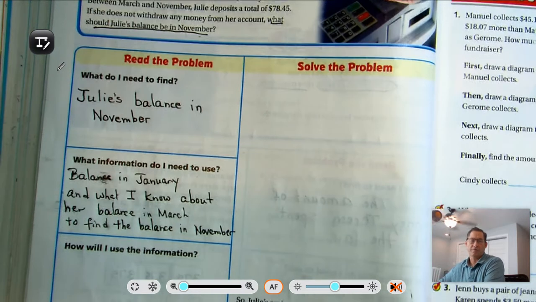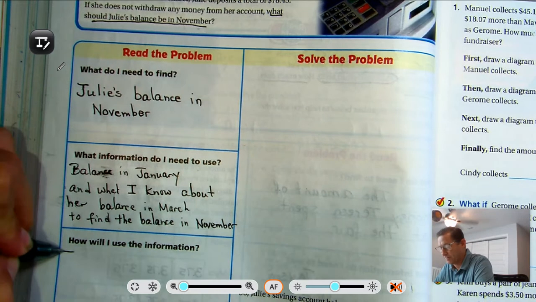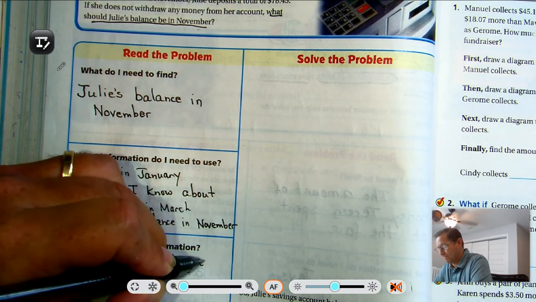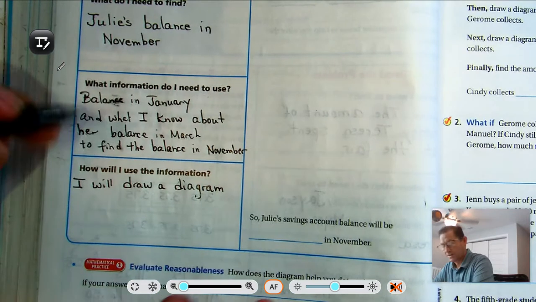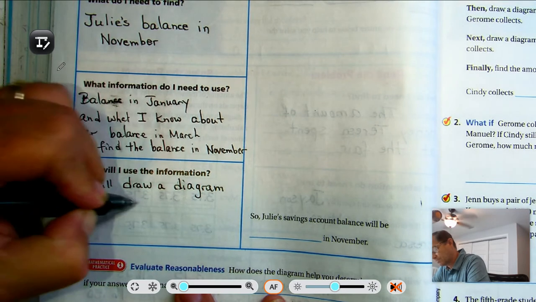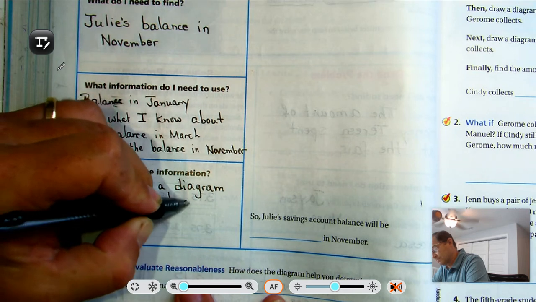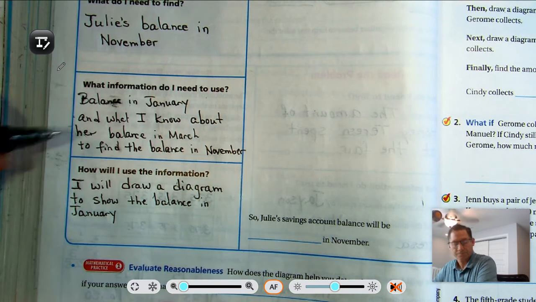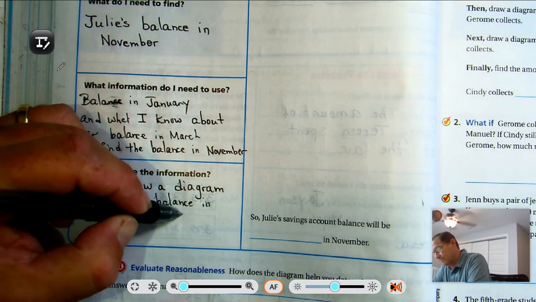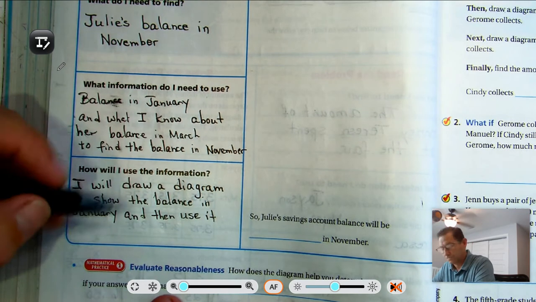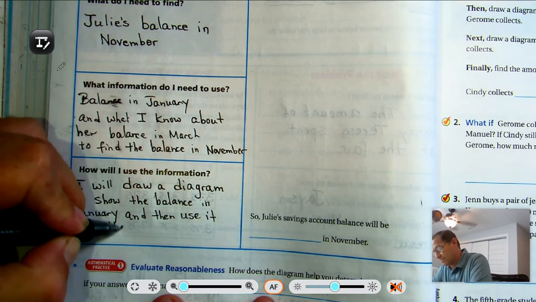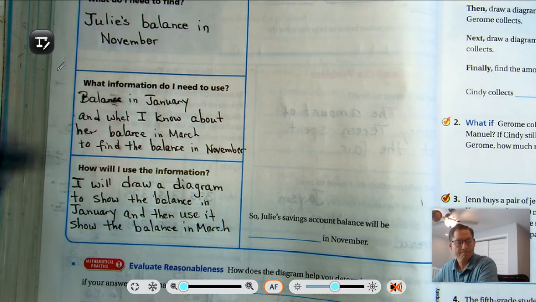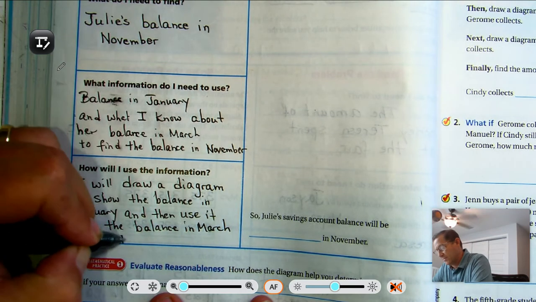All right, what are we going to do to solve that problem? Well, we're practicing drawing diagrams, so I will draw a diagram to show the balance in January, and then use it to show the balance in March to find the balance in November.